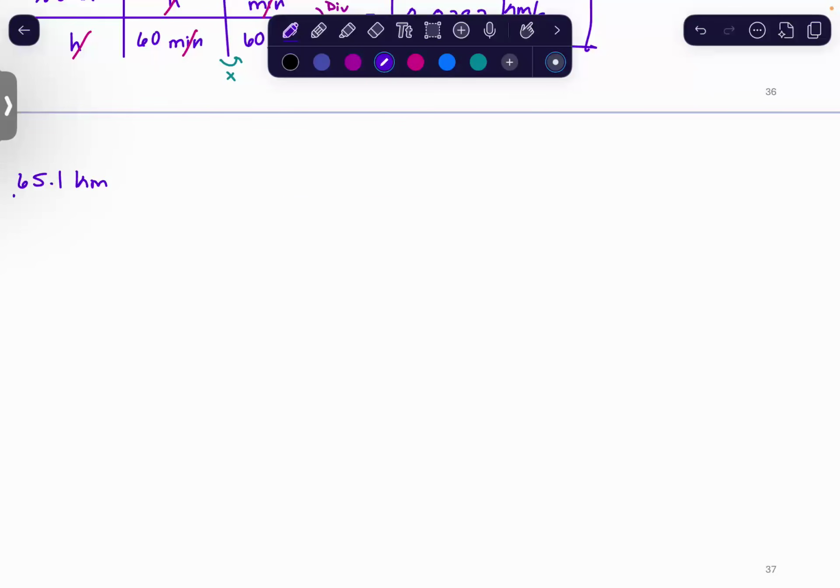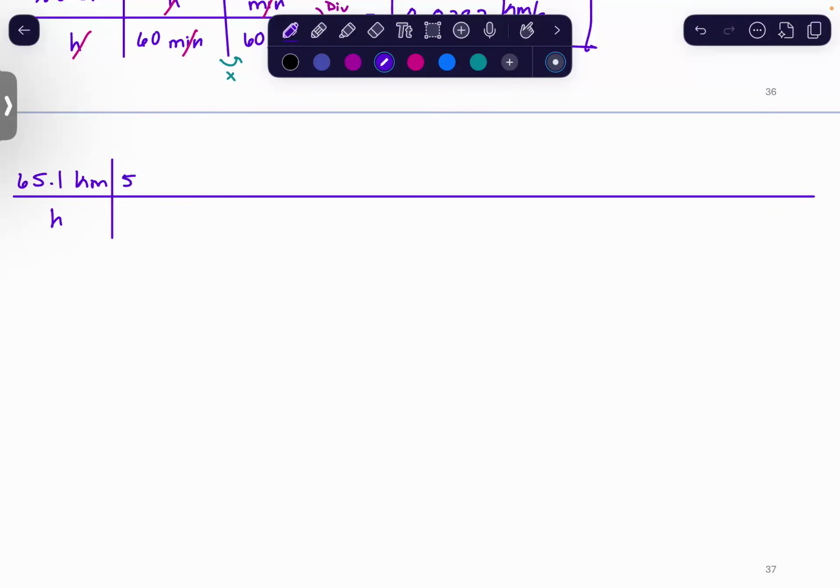We'll start back with our 65.1, and hang on, sorry, I used the wrong unit here. 65.1 miles per hour.